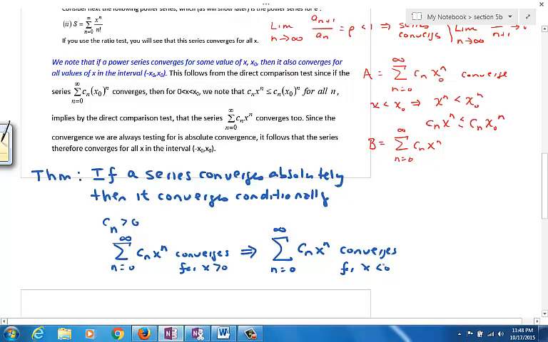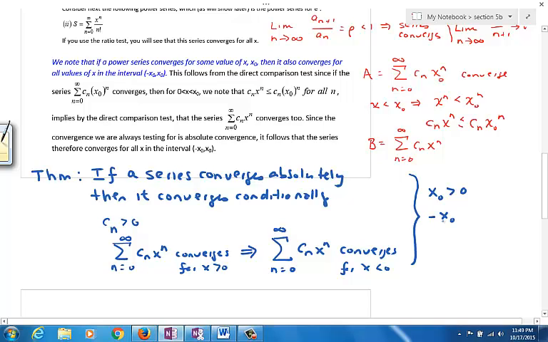Notice that when x is less than 0, this becomes an alternating series. And although you can't prove it with the alternating series test, it's not too difficult to show that this statement is true. Why we want to bring this up is because if I know that this series converges for x naught greater than 0, I also know it converges for negative x naught.